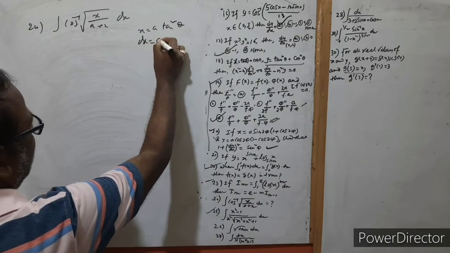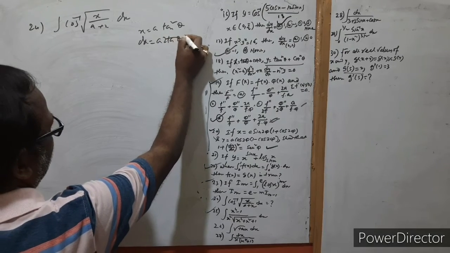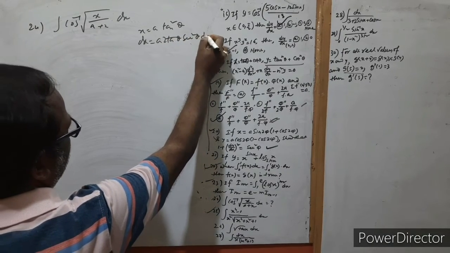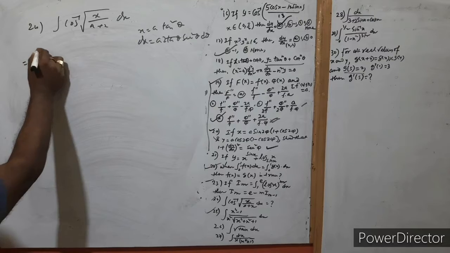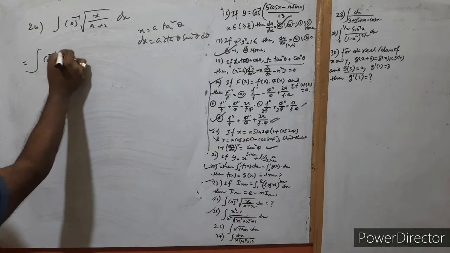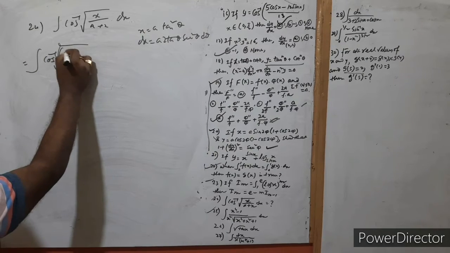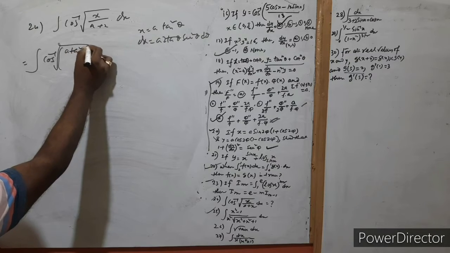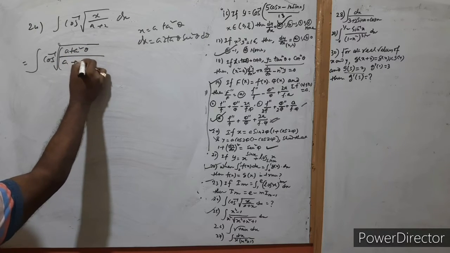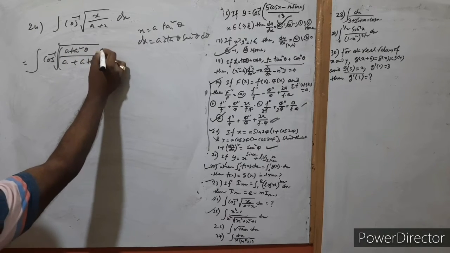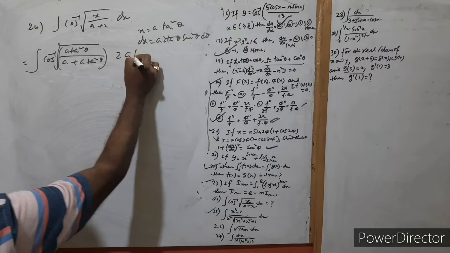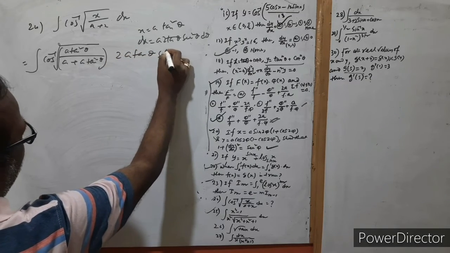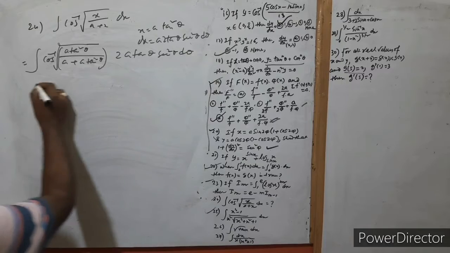So dx is equal to 2a tan θ sec square θ dθ. Actually apply this rule cos inverse root over of a tan square θ by a plus a tan square θ, and this is twice a tan θ sec square θ dθ.